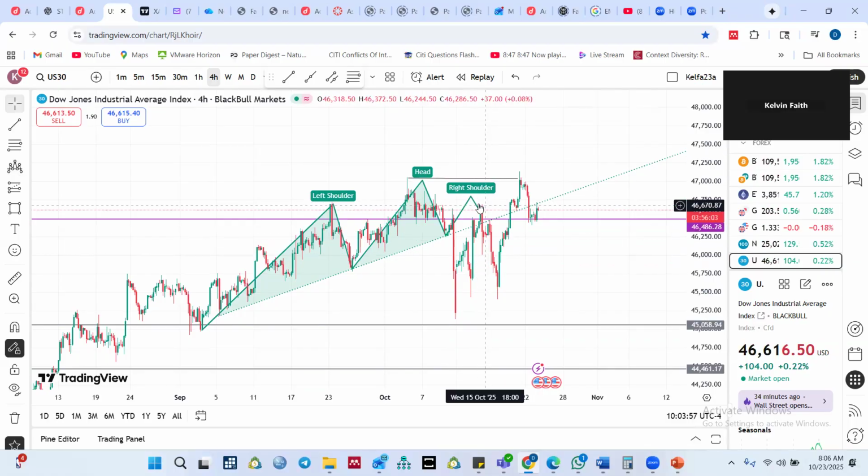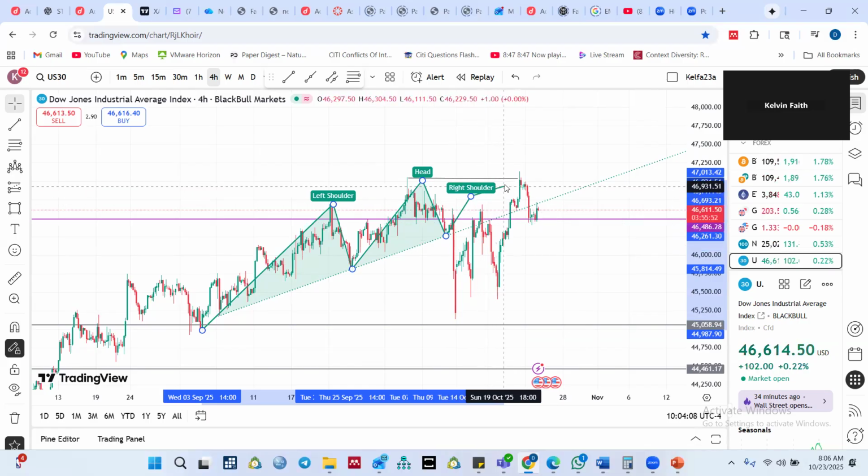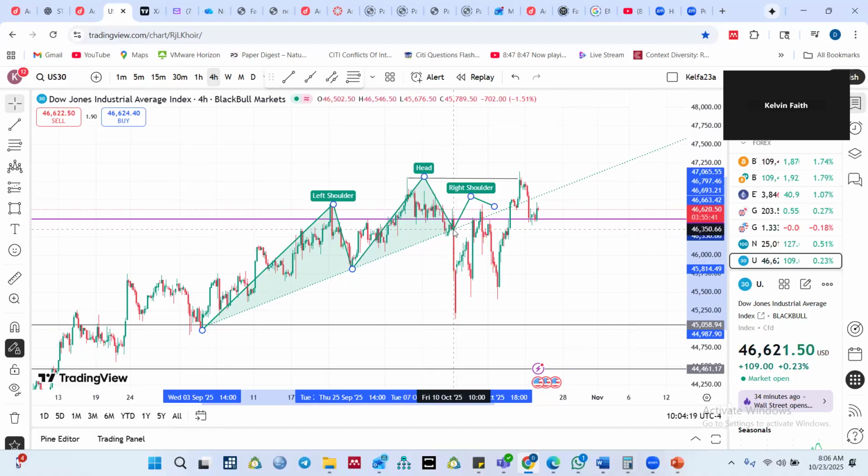We should get this. But instead, after breaking down, price comes up and gives us another head. Okay, another head. So what does this mean?